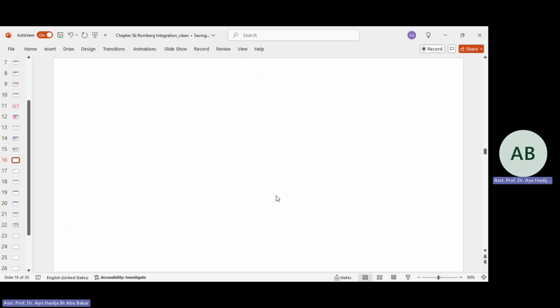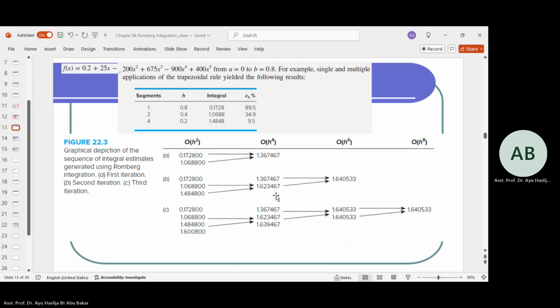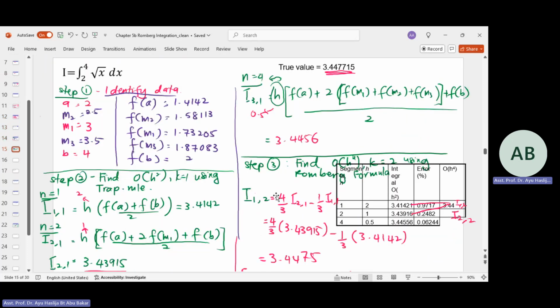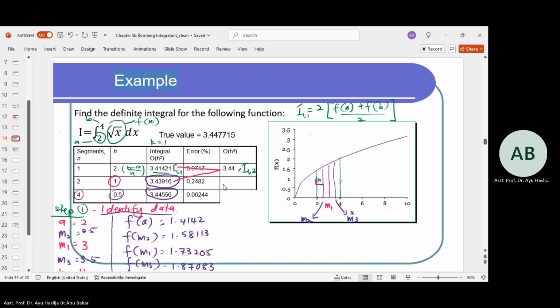Approximate error is current value minus previous value over current value. The error depends on the question.